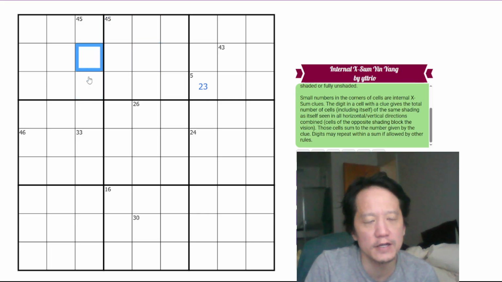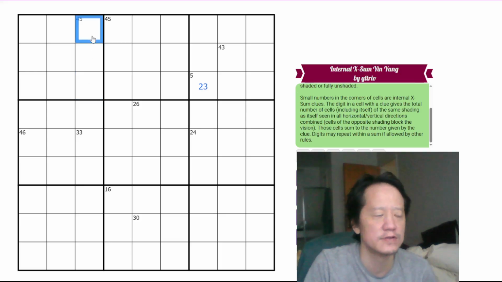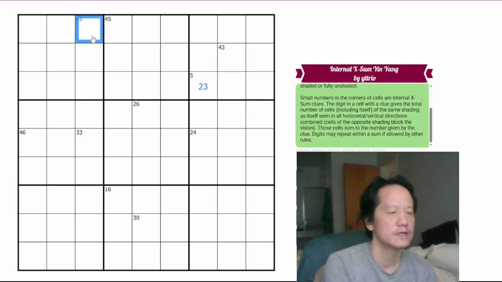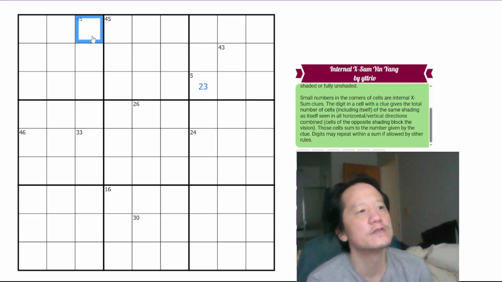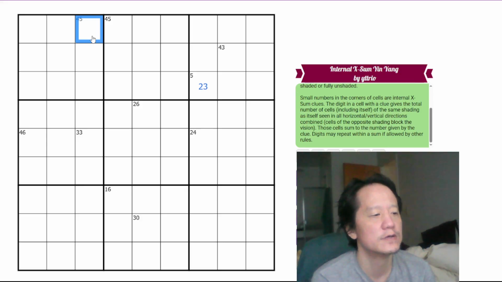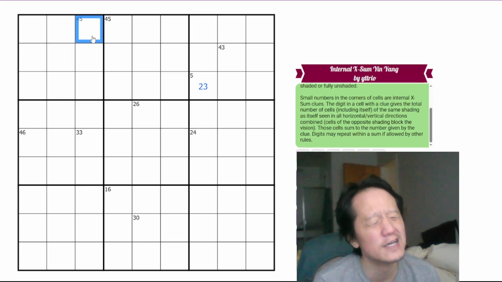So 9, 8, 9, 8, 7. So that's 17 on either side. But you would see 5 digits. So it would be 5, actually. 5 plus 8, 9 plus 8, 9 is 17 times 2, 34 plus 5 is 39.